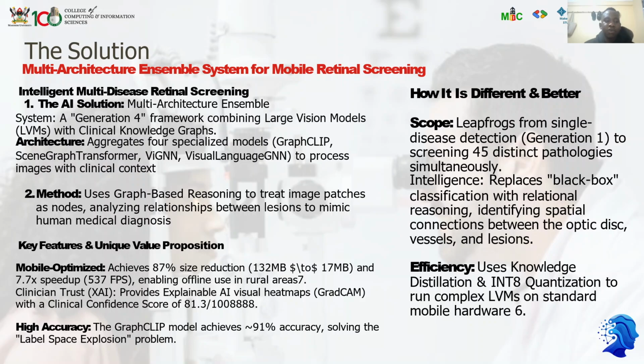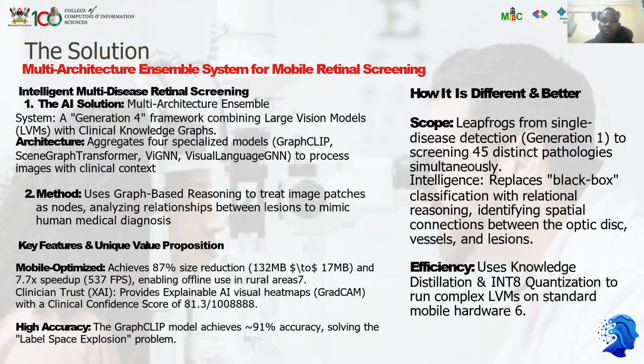Our key features: we have mobile optimization, where we achieve 87% size reduction and improved speeds, and also clinical trust. Then we have high accuracy. The graph CLIP model achieves at least 91% accuracy, solving the label space explosion problem.